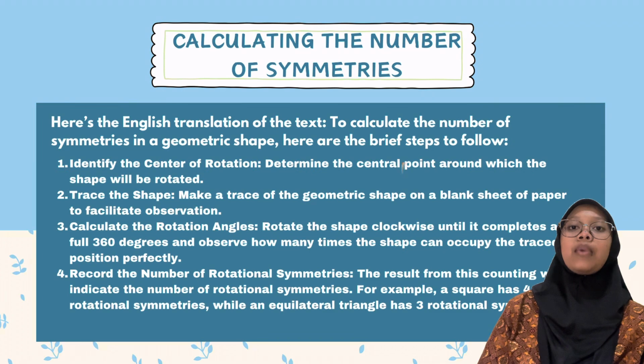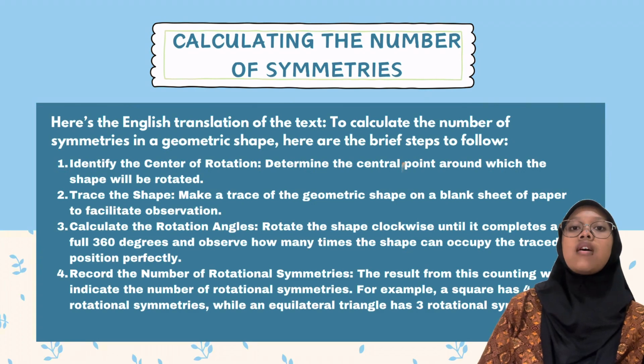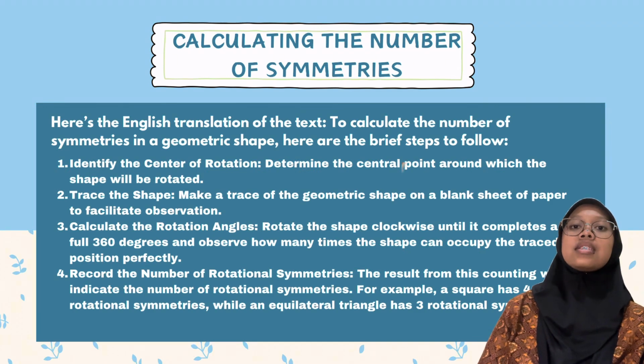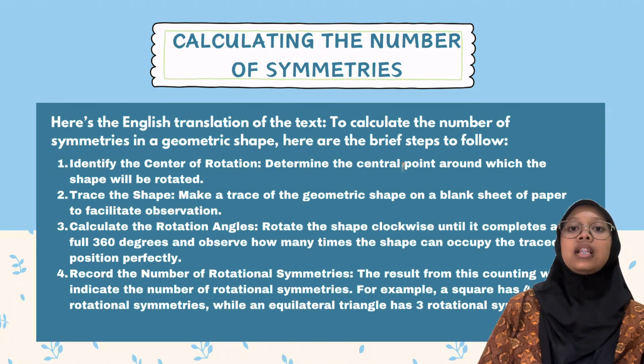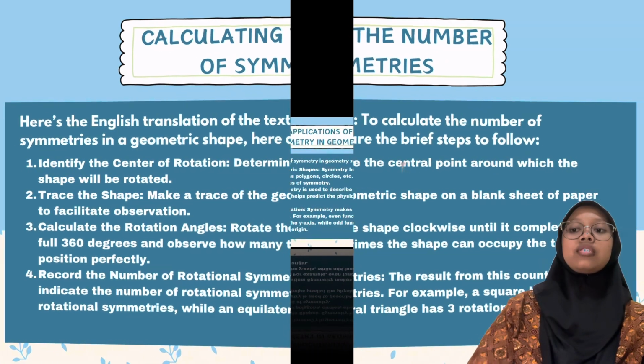Record the number of rotational symmetries. The result from this counting will indicate the number of rotational symmetries. For example, a square has 4 rotational symmetries, while an equilateral triangle has 3 rotational symmetries.